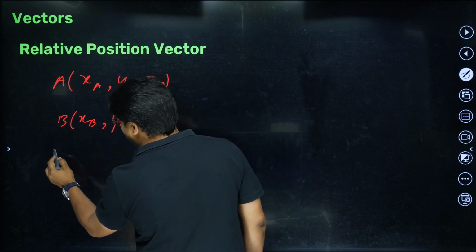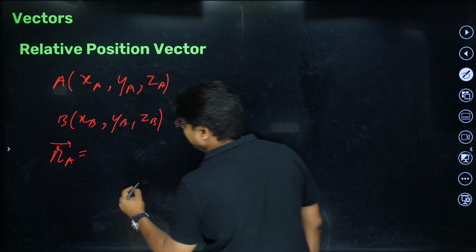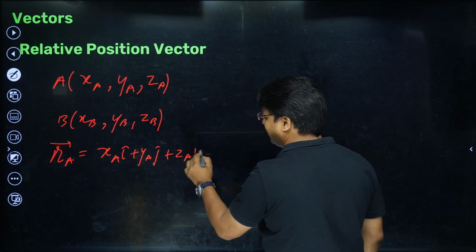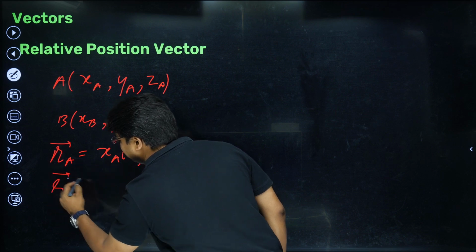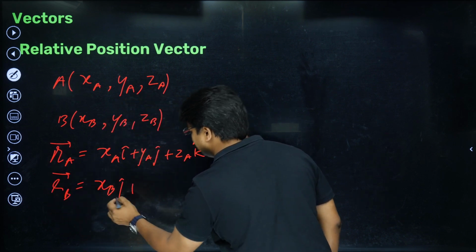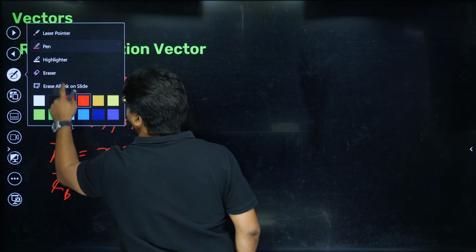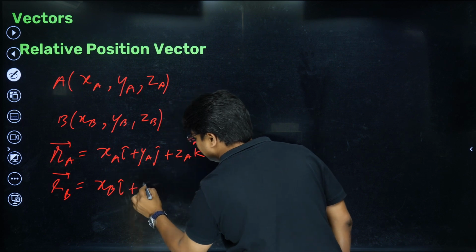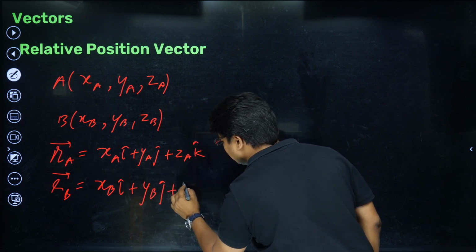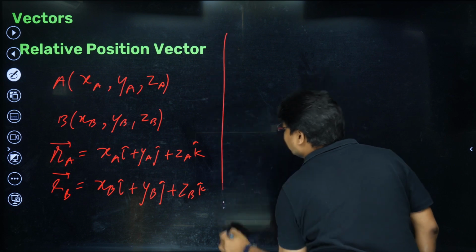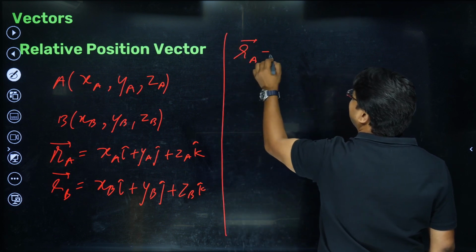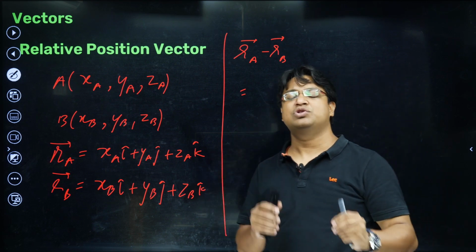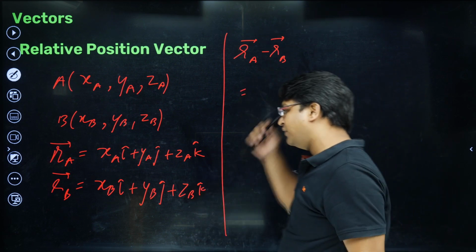Then RA vector, that is the position vector of A, would be written as xa i cap plus ya j cap plus za k cap, and the position vector of B will be written as xb i cap plus yb j cap plus zb k cap. Now when we do RA vector minus RB vector, how do we take the difference? You have to use your rules of algebra.